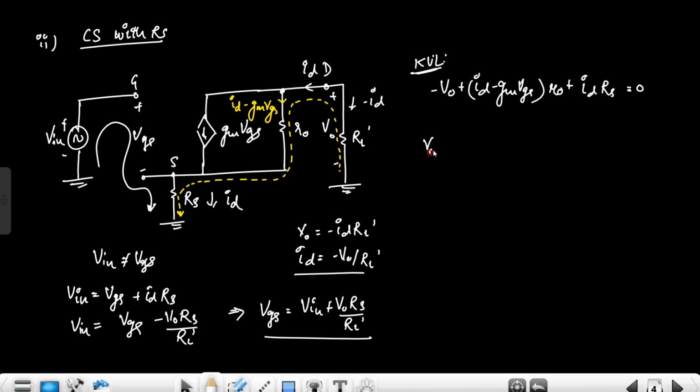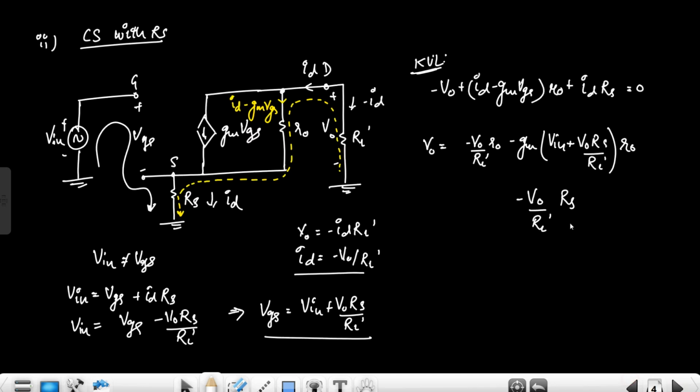So it will be V naught is equal to minus V naught upon RL dash into R naught, right? And this will be minus GM times VGS, which is VIN plus V naught RS upon RL dash, into R naught, and again minus V naught upon RL dash into RS.